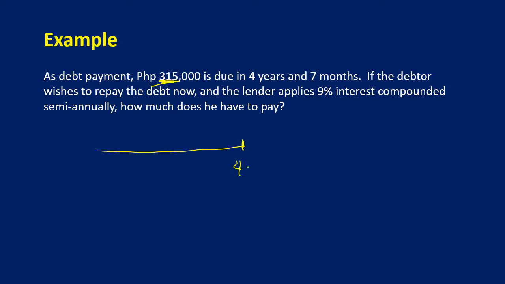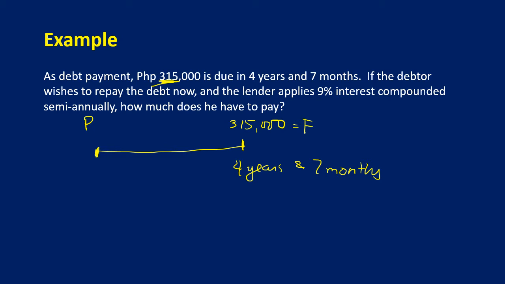In 4 years and 7 months, you have to pay 315,000. Because he wants to pay now, what we're looking for is the present value.